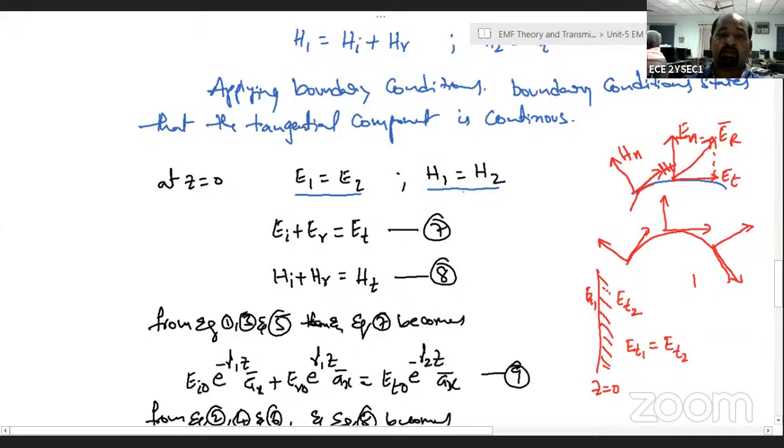This is only at the boundary, so please make a note of it. Only at z equal to 0, the electric and magnetic fields are equal.